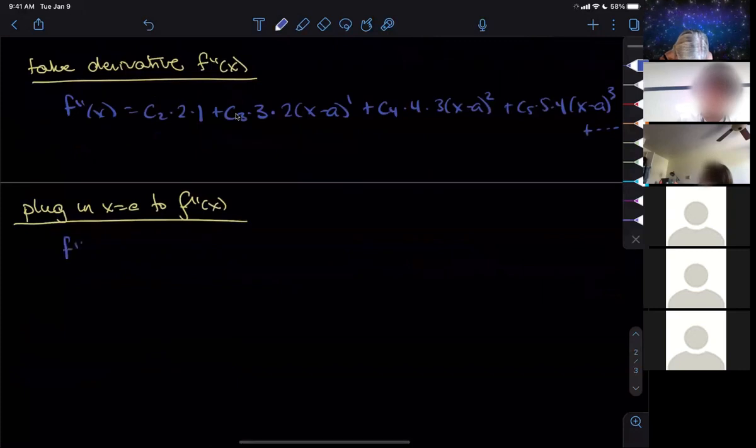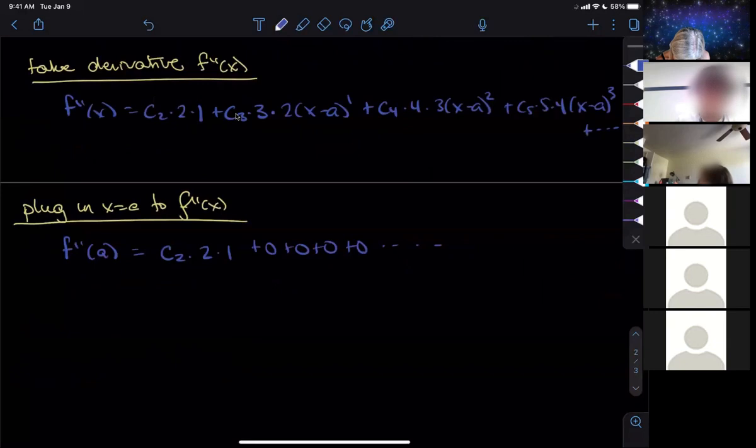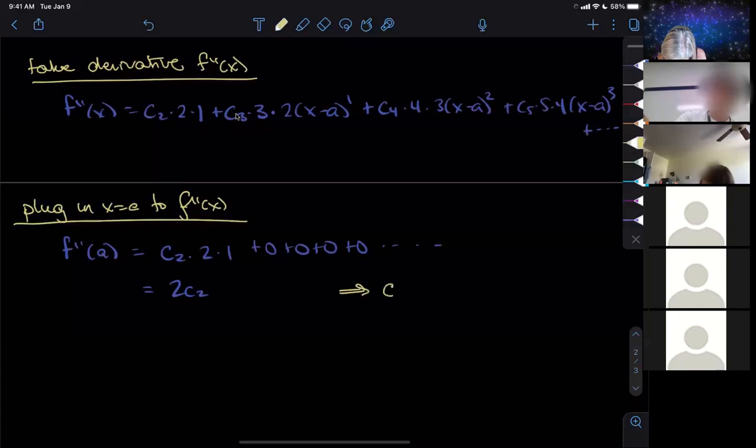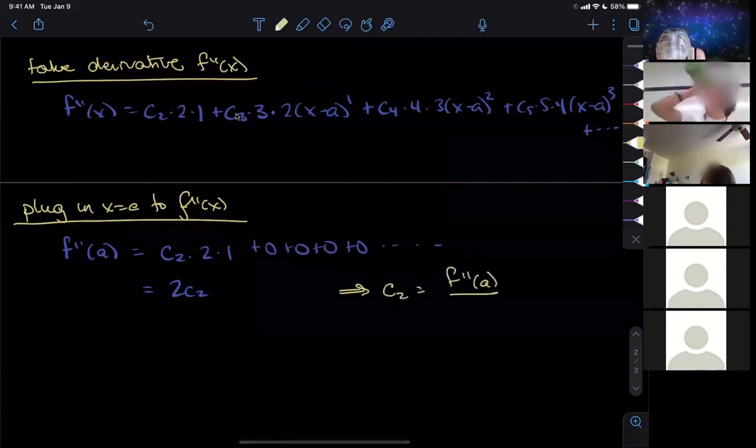So f double prime of A is C2 times 2 times 1, I guess we could say, plus everybody else is 0. So that's just going to be 2 C2. So, okay, C2 isn't f prime of A, but it's close. C2 is f double prime of A divided by 2.